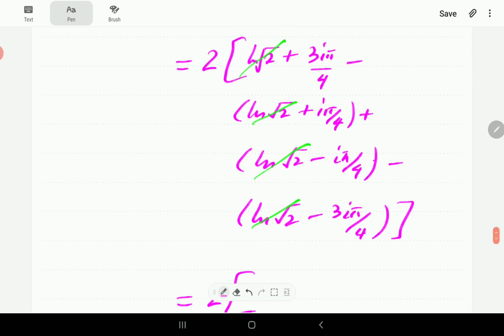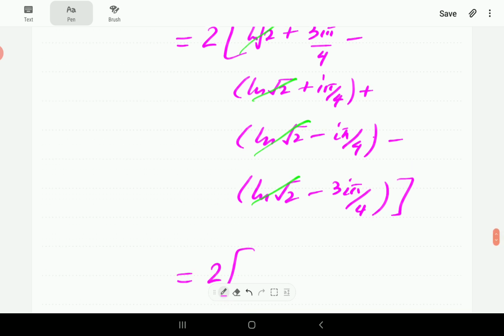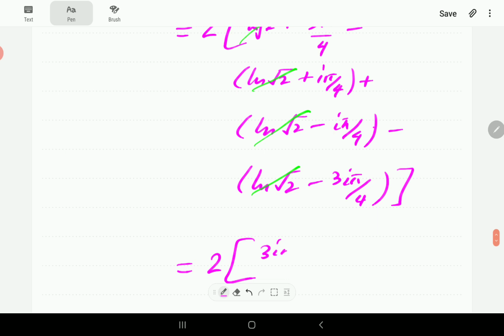So we're just going to have either 3i pi over 4 or i pi over 4, plus or minus. The first one is 3i pi over 4, then minus i pi over 4 is this one. This is plus, this is minus, so another minus pi i over 4. This is minus, so that becomes plus 3 pi i over 4.